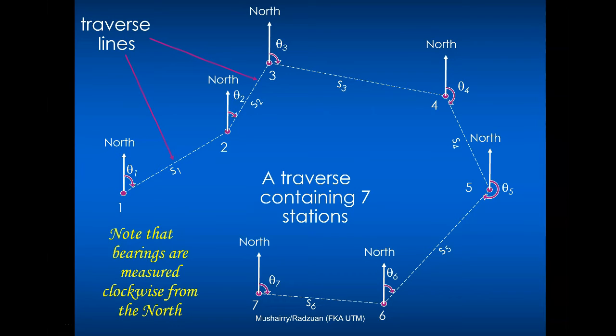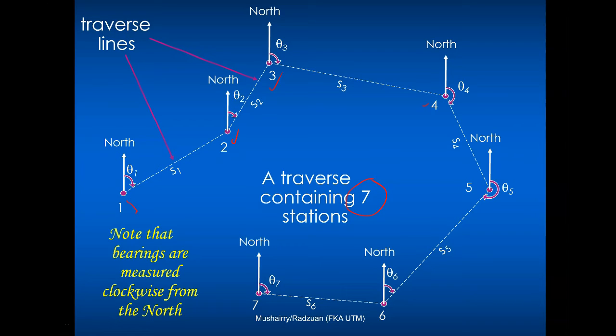We started the work at 1, then we go to 2. When we're done at 2, measure angle at 2, we get 3, move to 3, 4, and so on to 7. So this is what we call a traverse, and in this case it contains 7 stations.